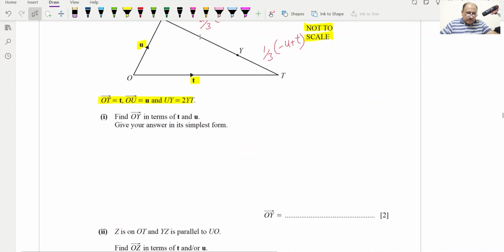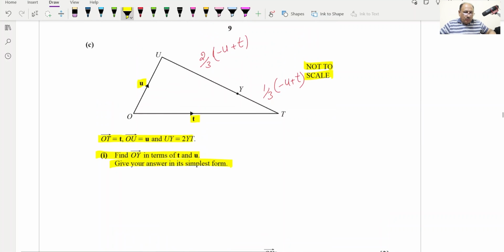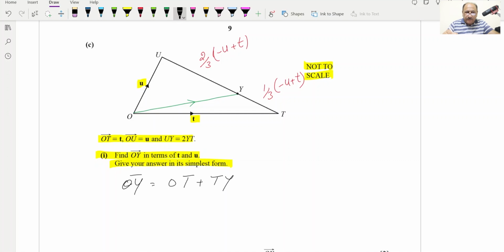Now next is saying find OY. Give your answer in simplest form. So if we draw OY, it is this direction, and we can write OY is equal to OT plus TY.